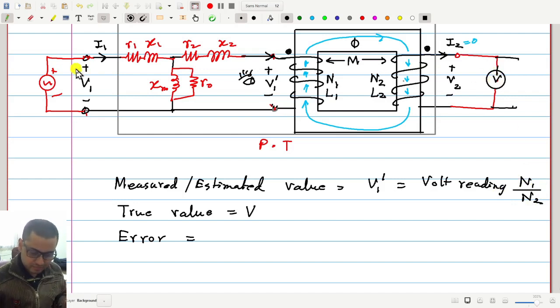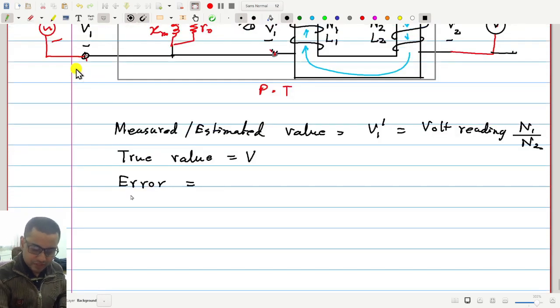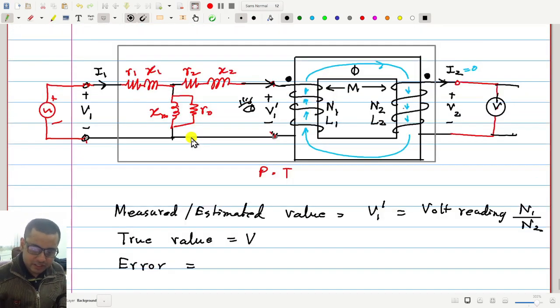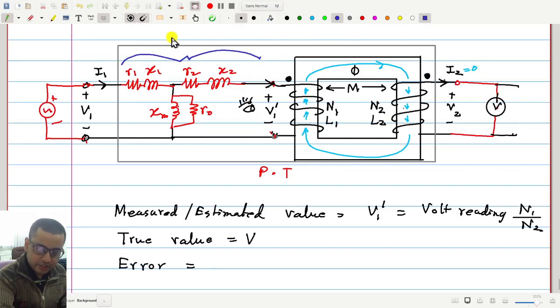Okay, let us continue. So now the error is this voltage, let me call it V drop, with this side plus and this side minus as the reference.